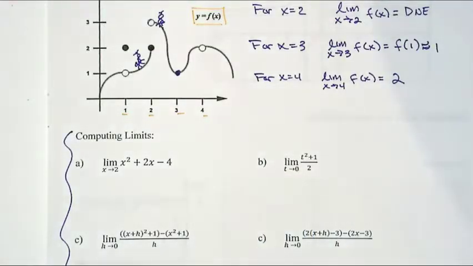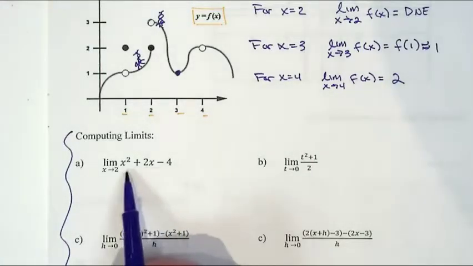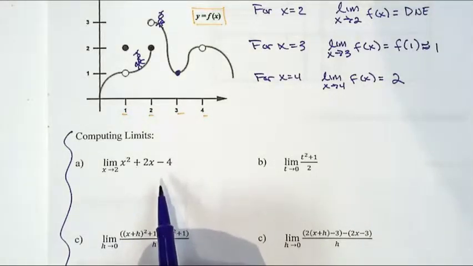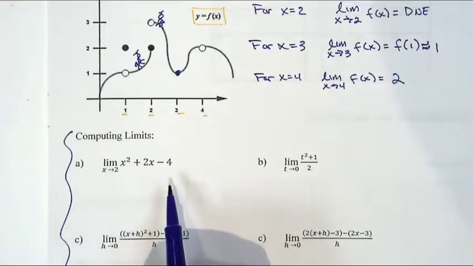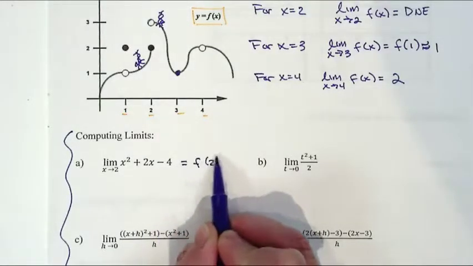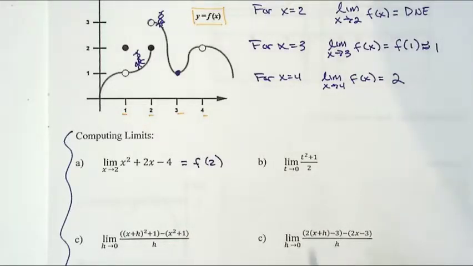Okay, folks, this one is so straightforward. Because this is a polynomial function, polynomial functions have no breaks, no gaps, no holes, no asymptotes, nothing that's a problem. So this is just going to be equal to the function value if you plug in 2.